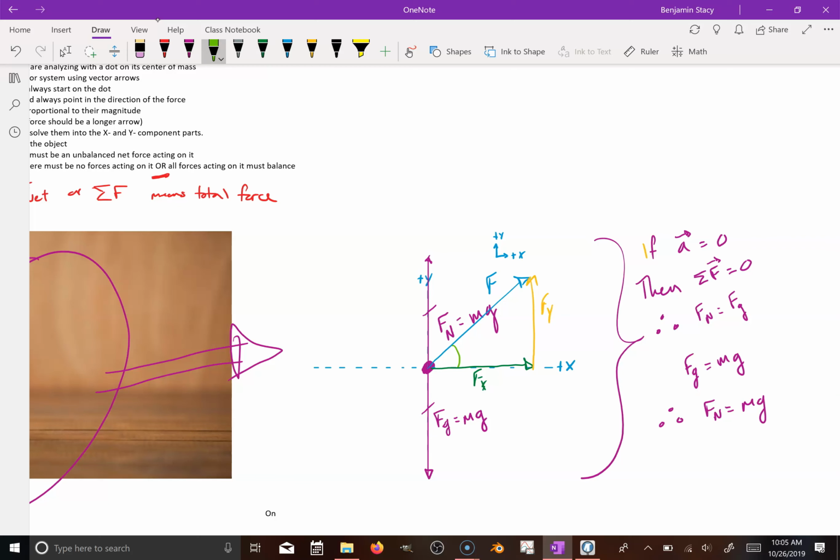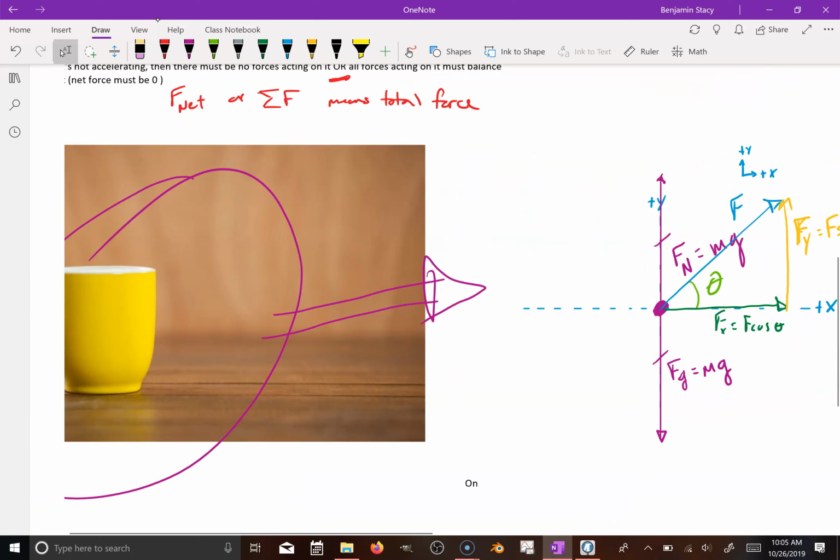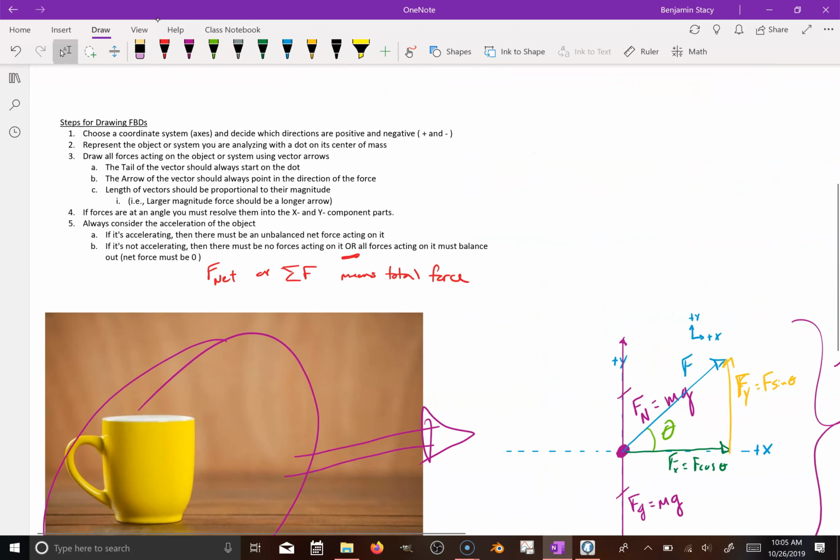Just like we did with projectiles, F in the X direction is going to be F cosine theta, my hypotenuse in blue times cosine theta, and in the Y direction, Fy is going to be F, the hypotenuse, times sine theta. So that's all we mean by breaking up or resolving the force vector into its component parts.